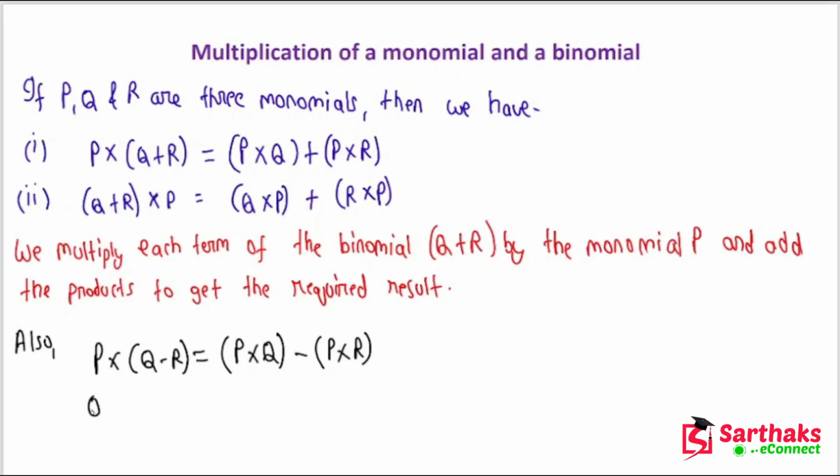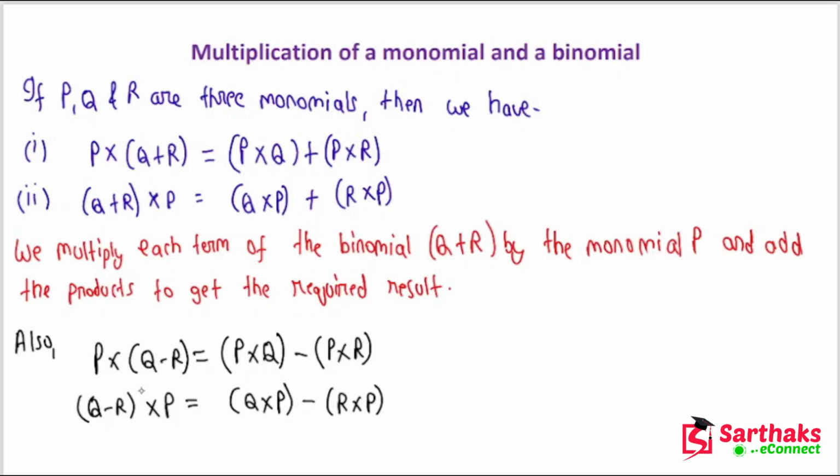Similarly here, Q minus R into P would be Q into P minus R into P. So you can actually see what we are doing is we are using the distributive property, but you should be aware that whenever you are using this property, proper choice of signs is needed. Minus is actually outside this product, so it will be negative for the entire product, not for the individual one.